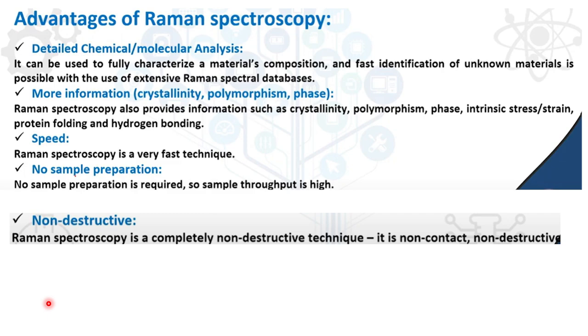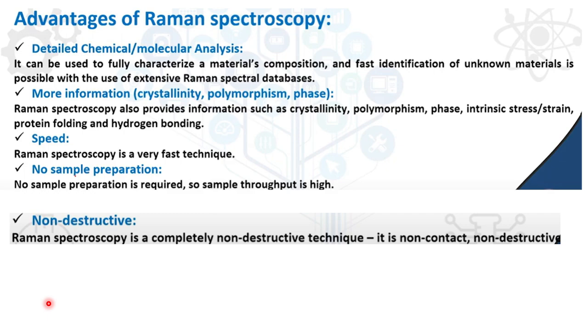Now, what are the advantages of Raman spectroscopy? So, detailed chemical and molecular analysis you can do through Raman, and it can be used to fully characterize your material composition and for very fast identification of unknown material. You don't need to prepare your sample. Just put the sample and you can do the study. More information about the crystallinity and polymorphism and also phase.